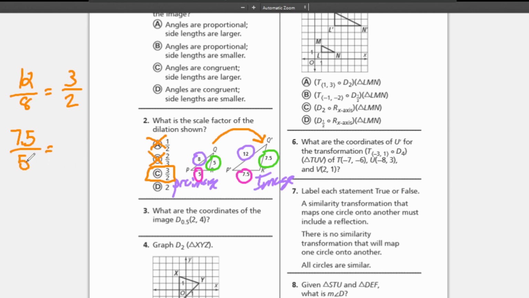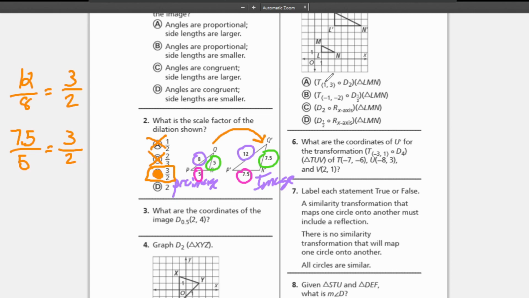So I got to ask myself, is there a number that multiplied by 2 is 5 and multiplied by 3 is 7.5? Because I don't have my calculator on me, so I can't just punch it in. Well, I know that 2.5 times 2 is 5, and I know that 2.5 times 3 is 7.5. So if I divide both of these numbers by 2.5, I get 3/2, and this is it.